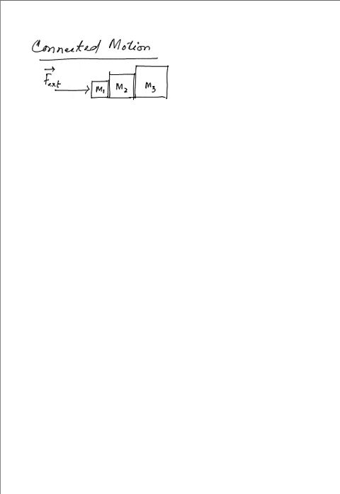Had there been a force acting along that line on M3, of equal magnitude to the external force applied on the left hand side, the forces would have balanced each other.